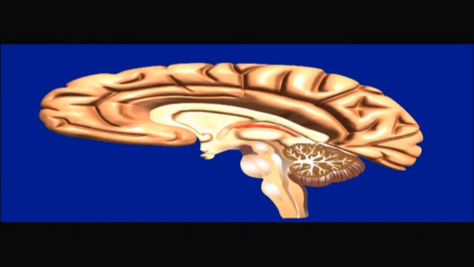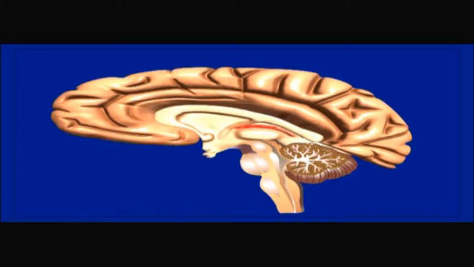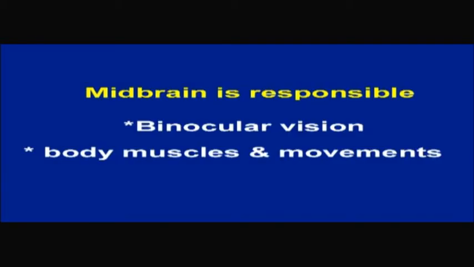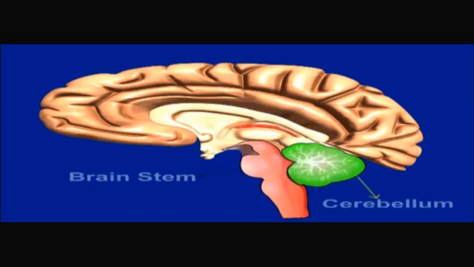Midbrain. Midbrain has 4 optic lobes called corpora quadrigemina. It is responsible for binocular vision in man, and some of the nerve cells control body muscles and also their movements. Hindbrain. The third part of brain is hindbrain. It has 2 parts, cerebellum and brainstem.